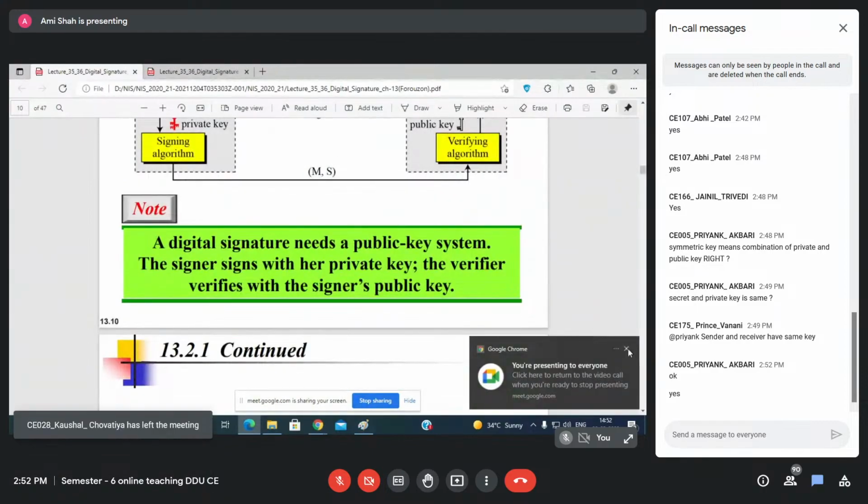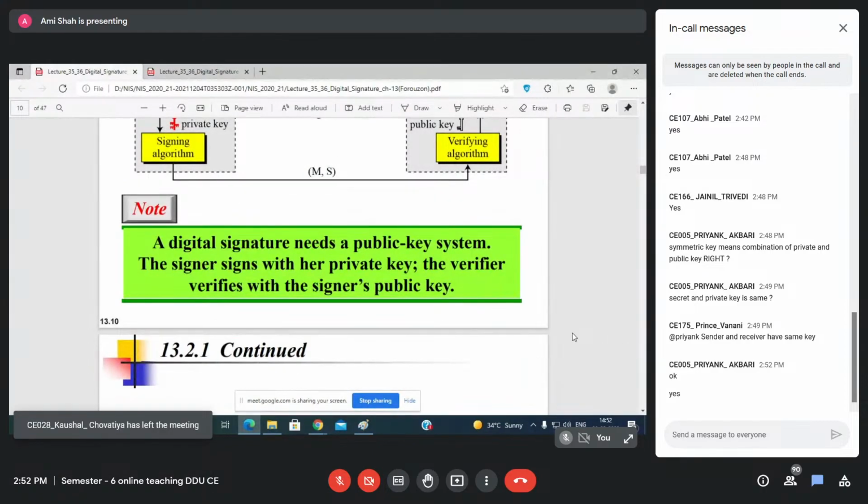So, see here, my question is, can we use the secret key for both signing and verifying the signature? Here I can say that the answer is negative for several reasons. Suppose the secret key, or I can say symmetric key, is not between only two parties, Alice and Bob.